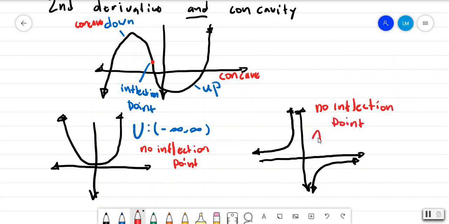We have that it's concave down from 0 to infinity, and then we have that it's concave up from negative infinity to 0. But again, there is no inflection point.